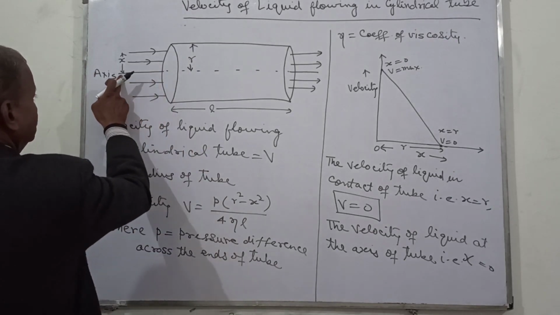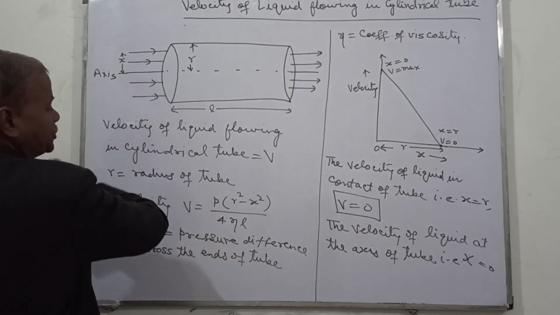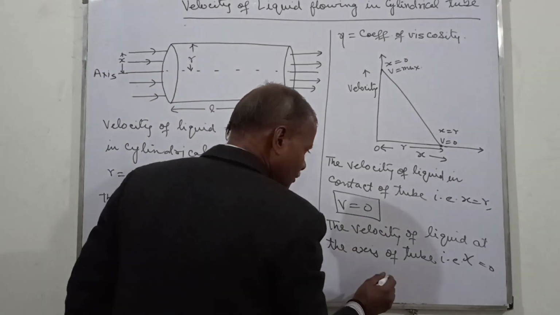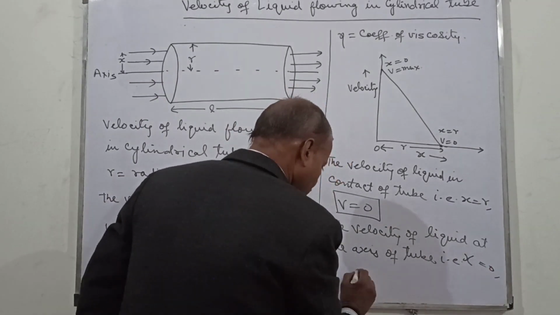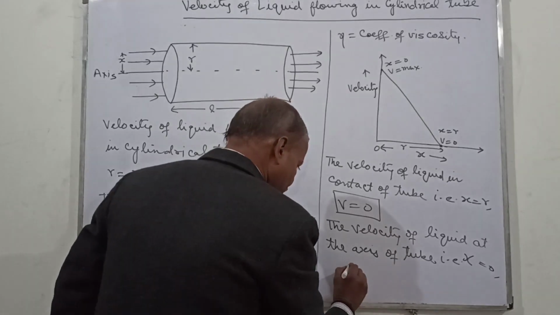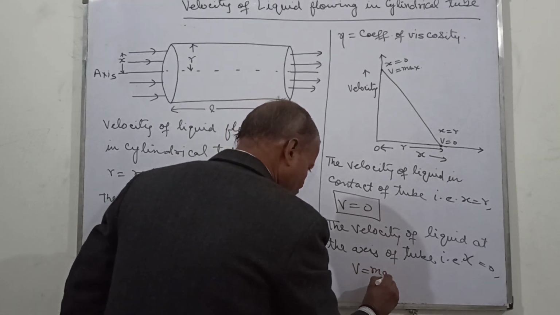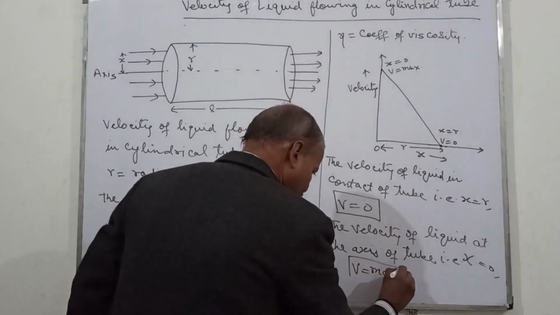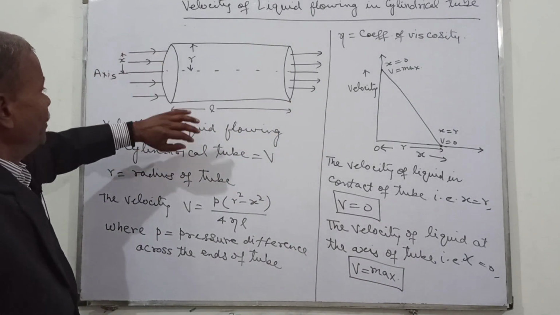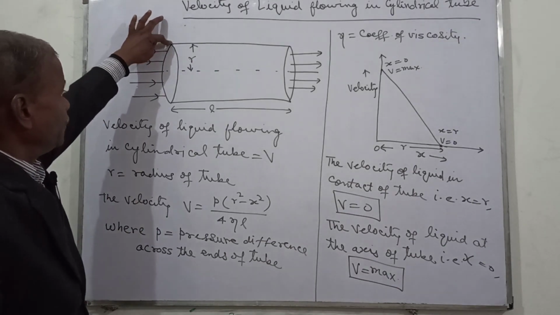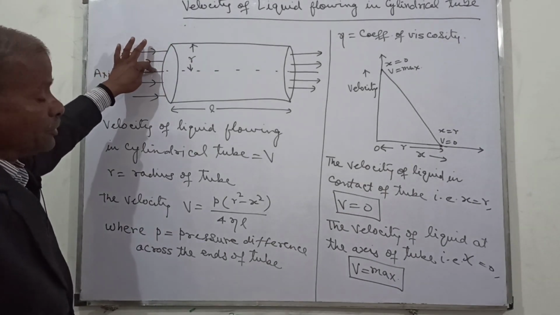X equal to 0 means that we are on the axis of this tube. This V is maximum. So this velocity increases when we go from the topmost level to the axis of the tube.